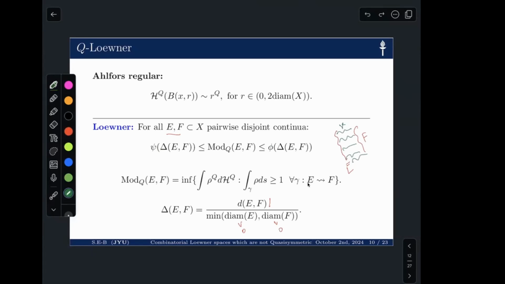This upper bound is implied by the Ahlfors regularity, so that's why it's not really needed in the statement.